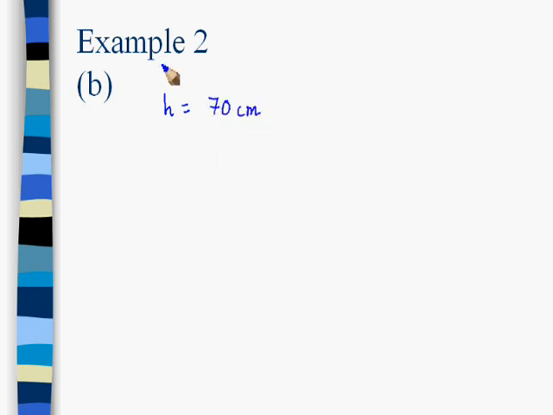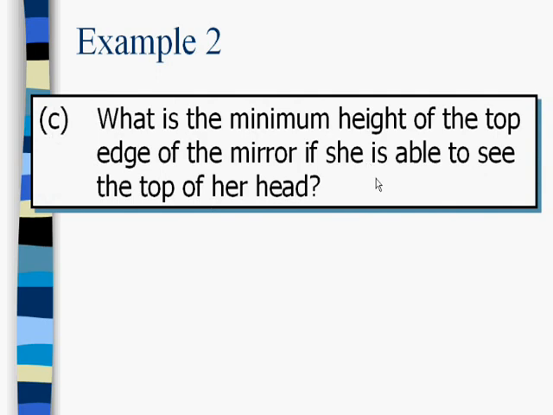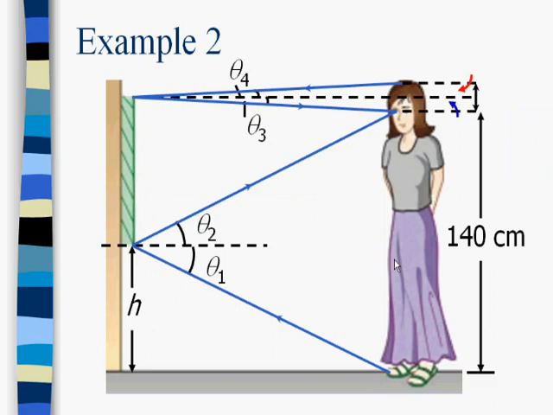Now let's have the other part of the question, which is, what is the minimum height of the top edge of the mirror if the girl is able to see the top of her head too? So here we have the worked-out diagram for part 3 of the question.